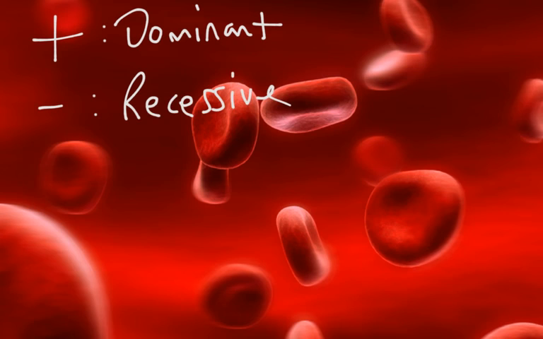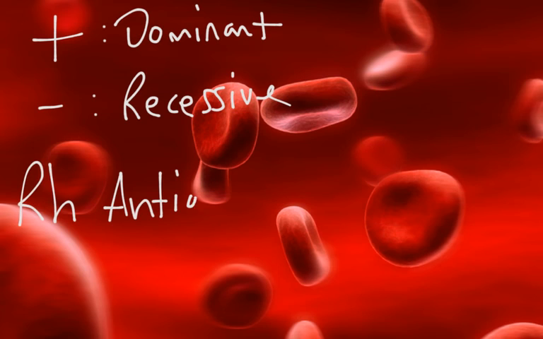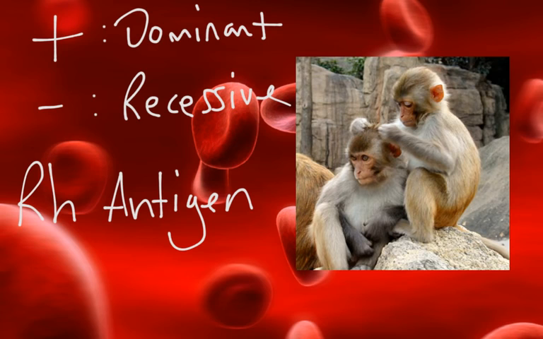And where that comes from, we actually call this the RH antigen, and we get that from these little guys right here. The rhesus monkey is actually where we get the RH, which stands for rhesus, and this trait was first discovered in the rhesus monkey, and so that's why we call it the RH antigen.